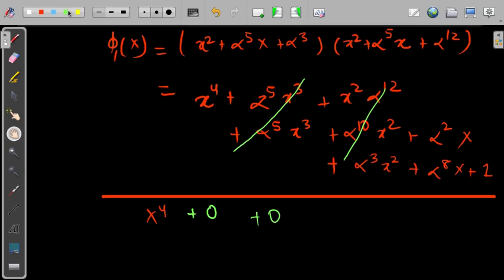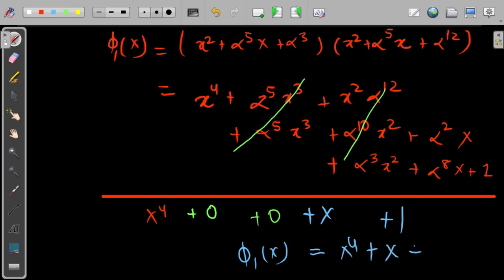So this will result in x, and then 1 is going to be there. So the minimal polynomial phi 1 of x is equal to x to the power 4 plus x plus 1.